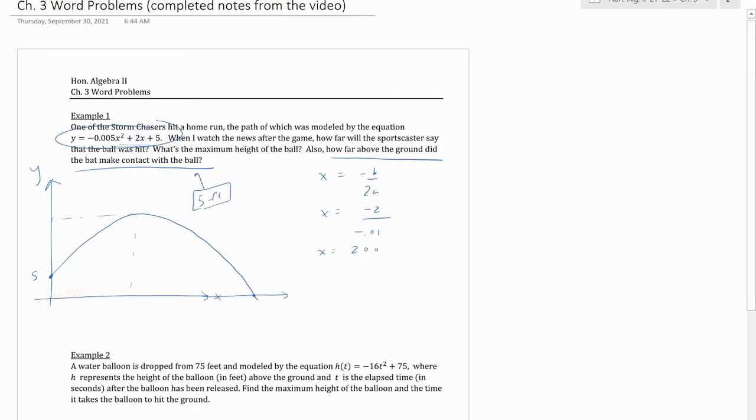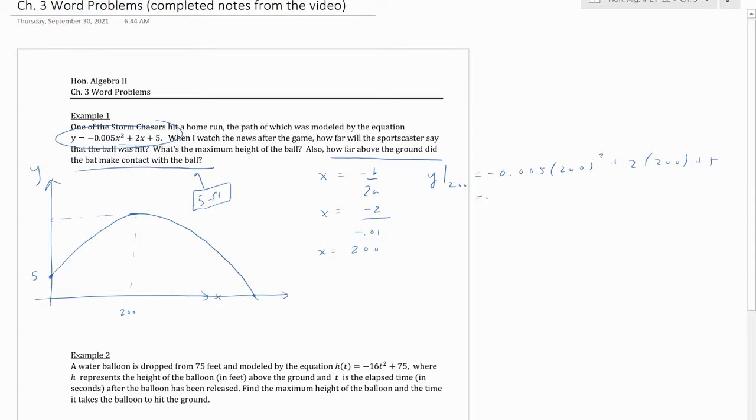I don't know, maybe. So if this is 200, let's figure out how high it is right there. I plug in 200: negative 0.005 times 200 squared plus 2 times 200 plus 5.